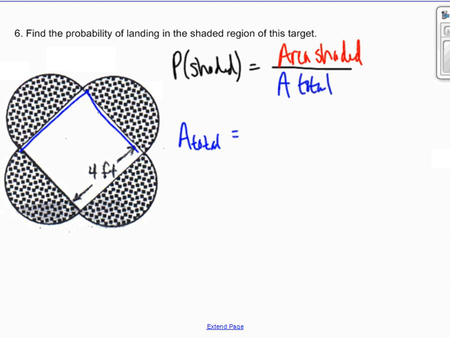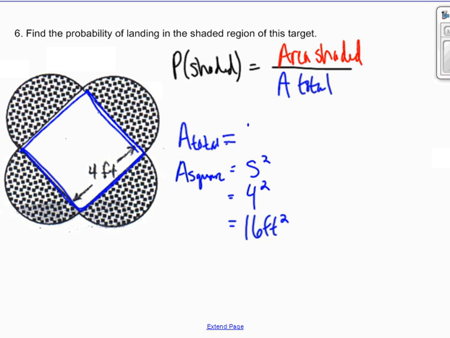I see that this is a square, so I can use that. I'm going to find first the area of this square, which is side squared, so that's 4 squared, so 16. So the area of the square is 16 feet squared.